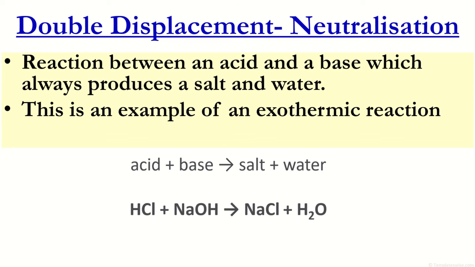Another example is neutralization. Neutralization is when you have an acid reacting with a base. Again, we'll look into a bit more detail what an acid and a base is. It forms a salt. Now, salt in the form of chemistry just means metal plus non-metal.